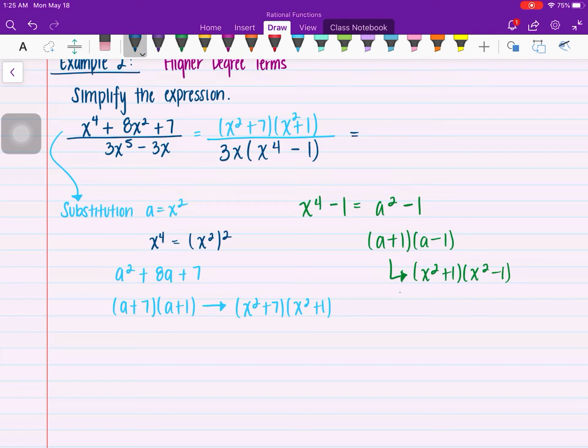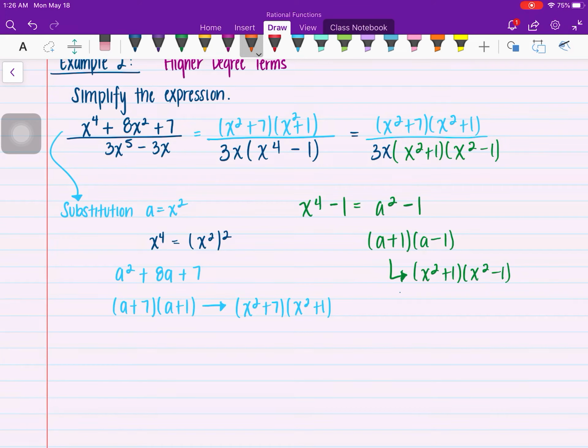So let's go ahead and rewrite this. So we have equals, and we have our x squared plus 7 times x squared plus 1 all over, and we still have that 3x in front, x squared plus 1 and x squared minus 1.